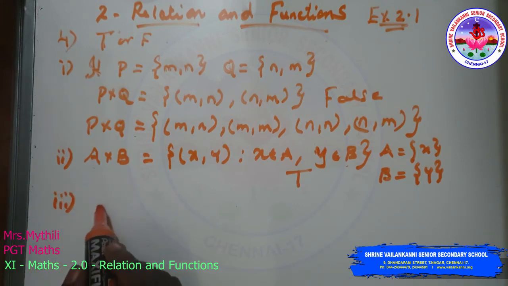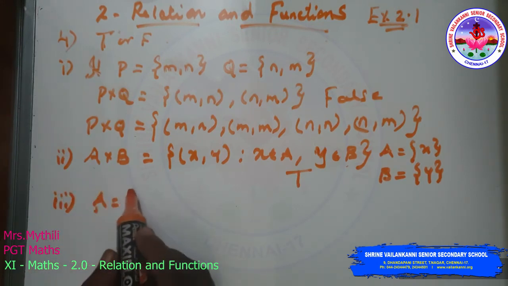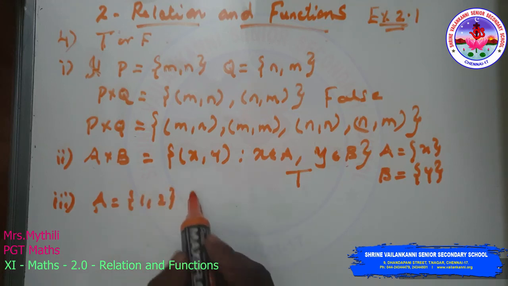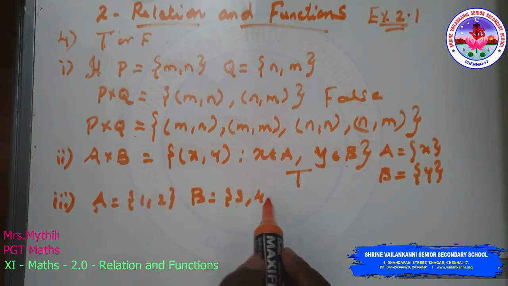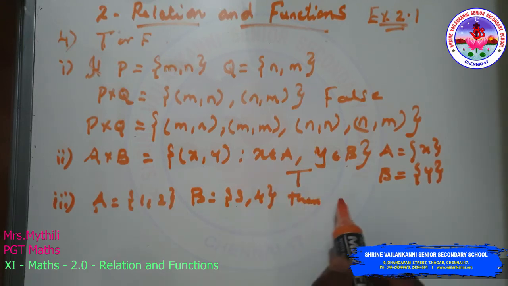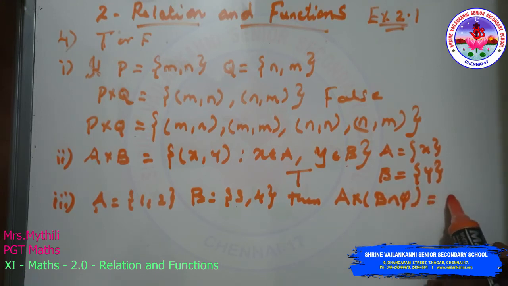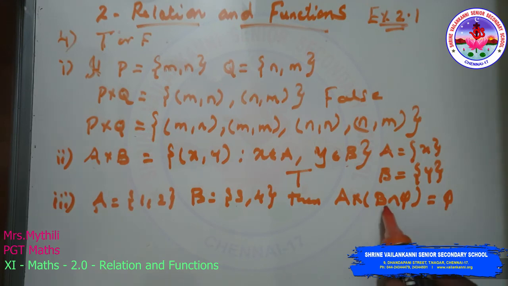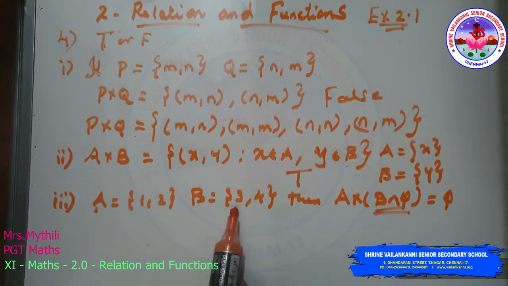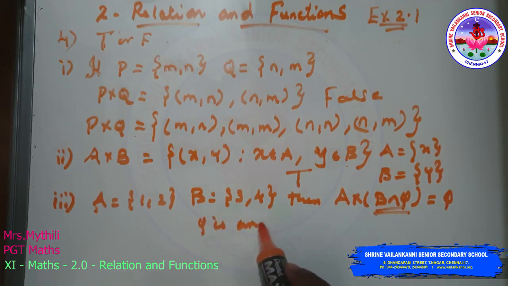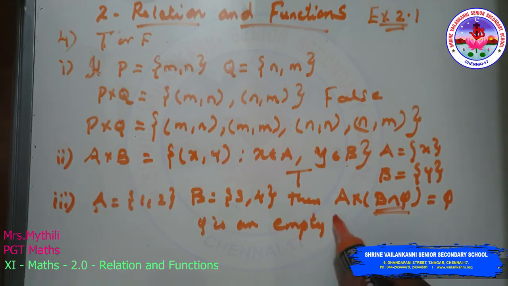Third one, if A equal to {1, 2} and B equal to {3, 4}, then A cross (B intersection phi) is equal to phi. So first let's see what is B intersection phi. B is a set with elements 3 and 4 and phi is an empty set, that is without any elements.